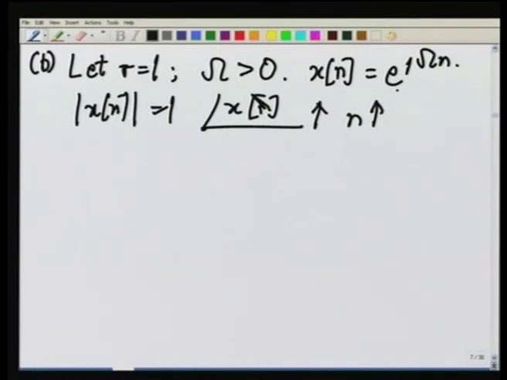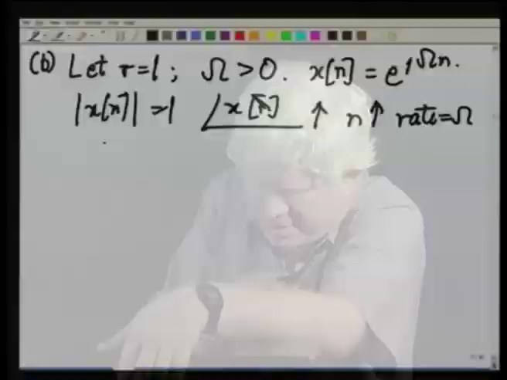The rate is omega, and therefore, what we get is a sequence of phasors represented in polar coordinates, where each successive member of the sequence is rotated counterclockwise a little more than the previous member of the sequence.